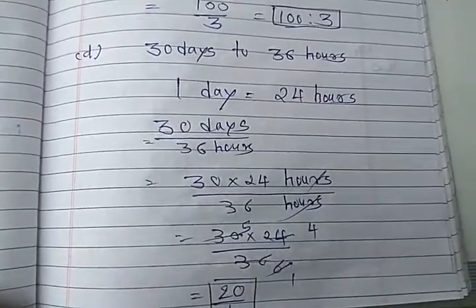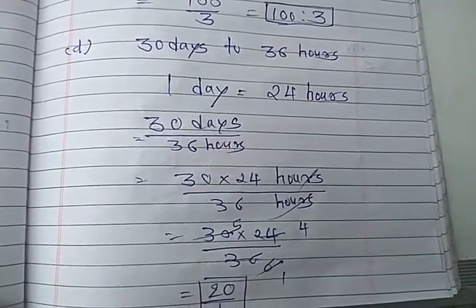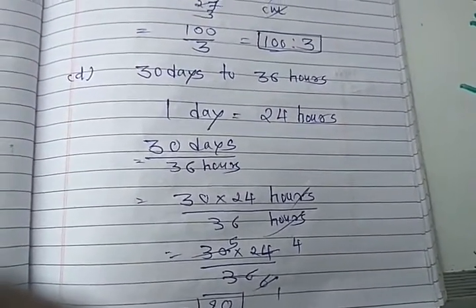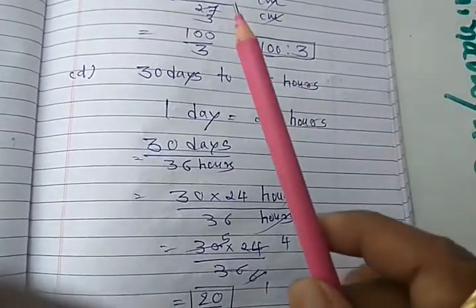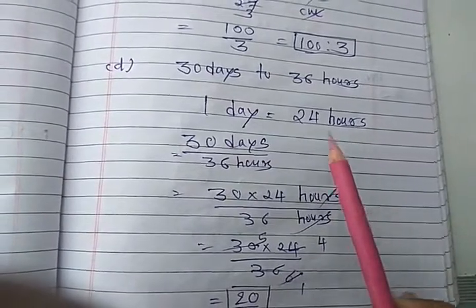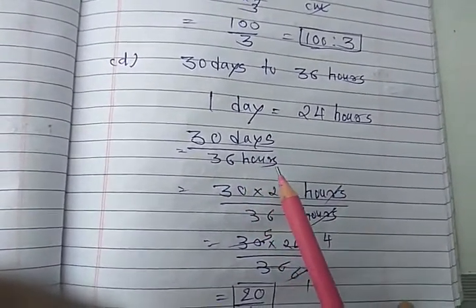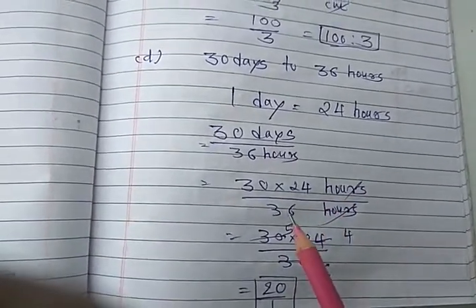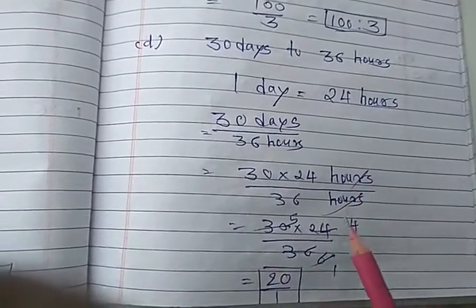The next is 30 days to 36 hours. We know that days are bigger than hours. So 1 day is equal to how many hours? 24 hours. So 30 days upon 36 hours. So 30 multiplied by 24 hours upon 36 hours. Hours cancel.